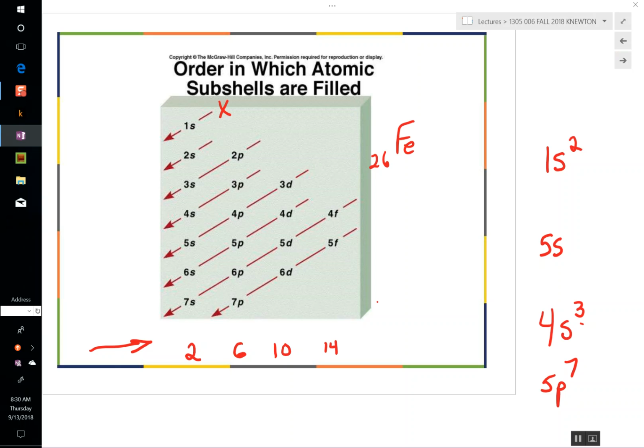The group 8A. These are the noble gases, or sometimes you'll see them referred to as inert elements or inert gases. Inert means unreactive.